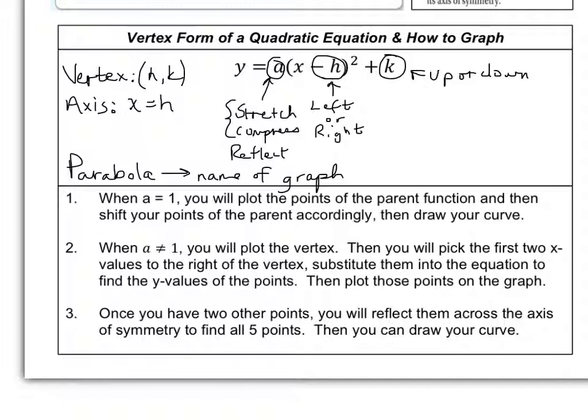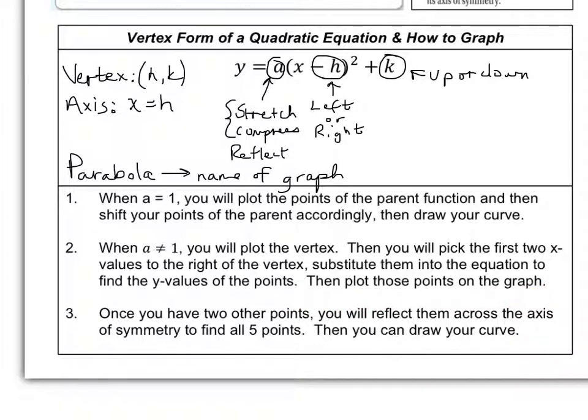When a is not 1, we're going to do it a little bit differently. When a is not 1, you're going to plot the vertex. Then you're going to pick the first 2 x values to the right of the vertex, and you're going to put them in a t-chart. Then you're going to substitute them into the equation and find the values for y of those 2 points. And then you're going to plot those 2 points on the graph.